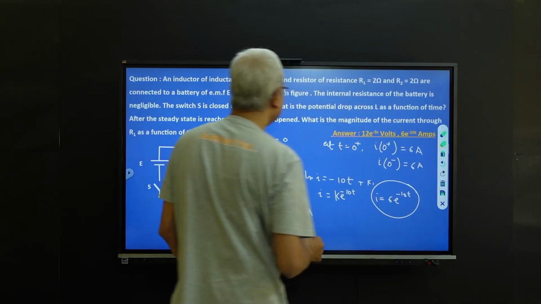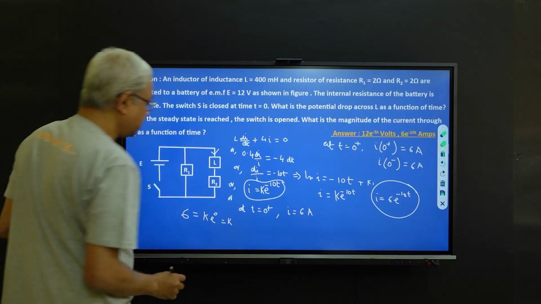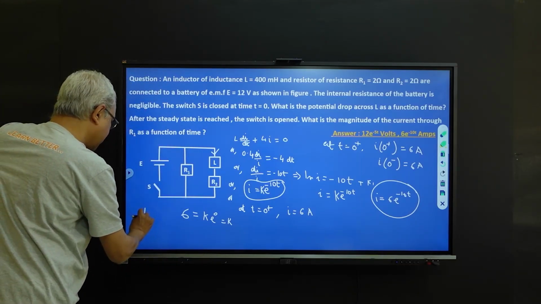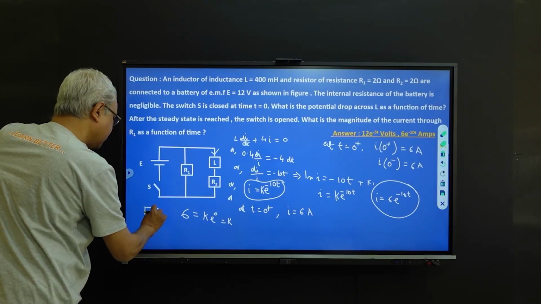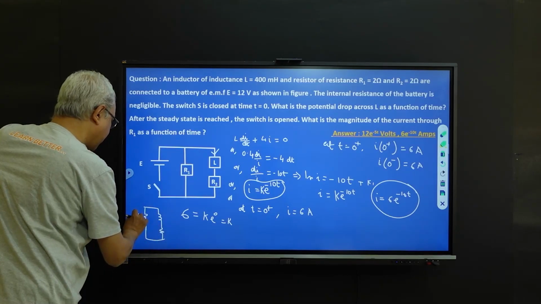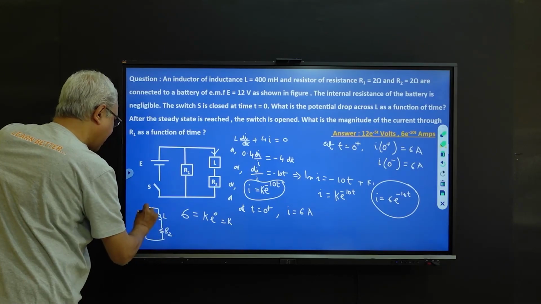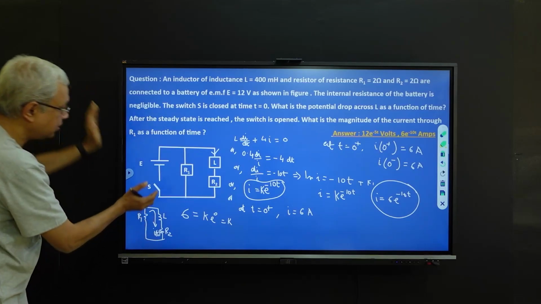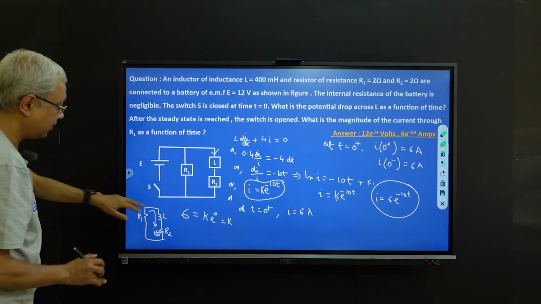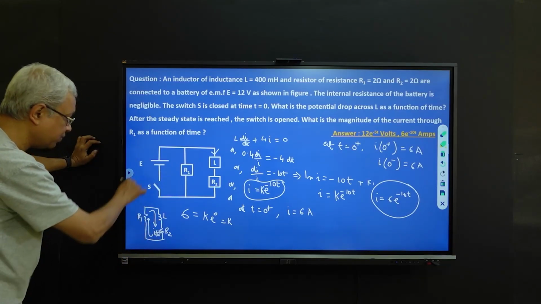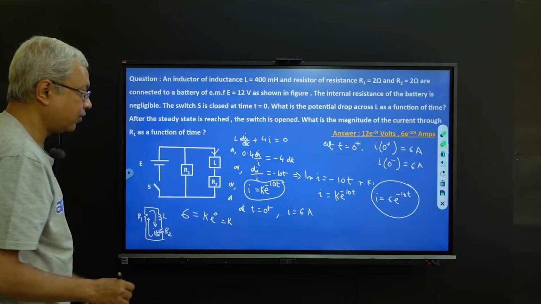That means this current, when the battery is removed because of the switch off condition, goes through R1, L, R2, and I have assumed that IT current is flowing. Since this part is removed because the switch is made off, the same current flows in the loop itself through R1 also.